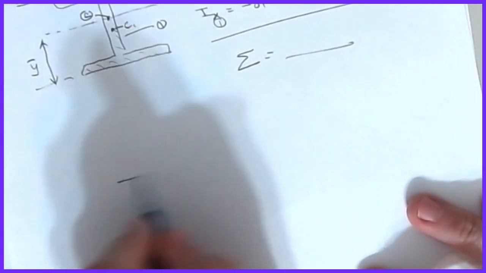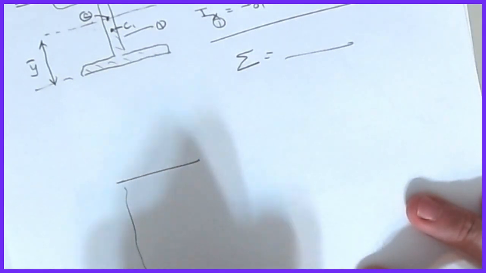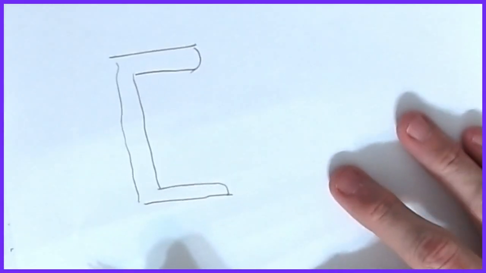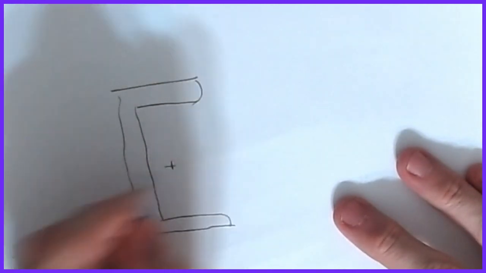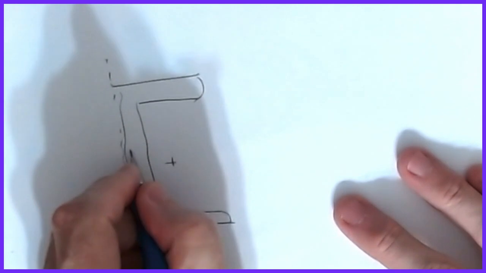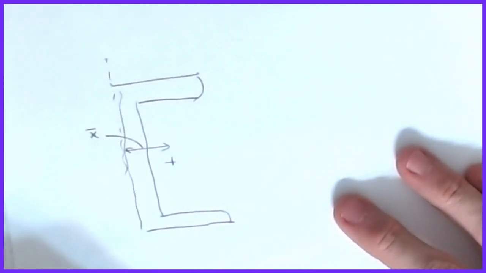So if I draw this up a little bit bigger so that you can see it, it'll look something kind of like that, that the centroid is located here, and they set the axes such that this dimension is x bar.